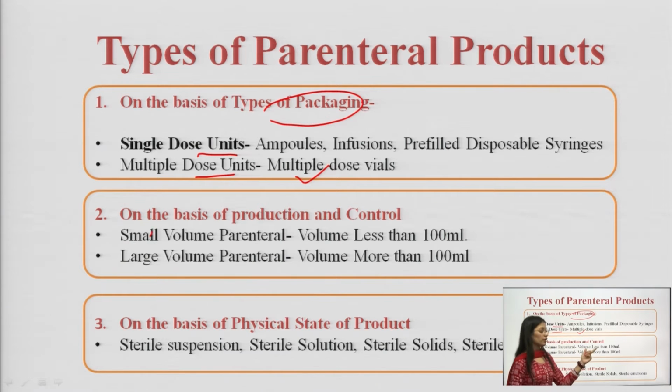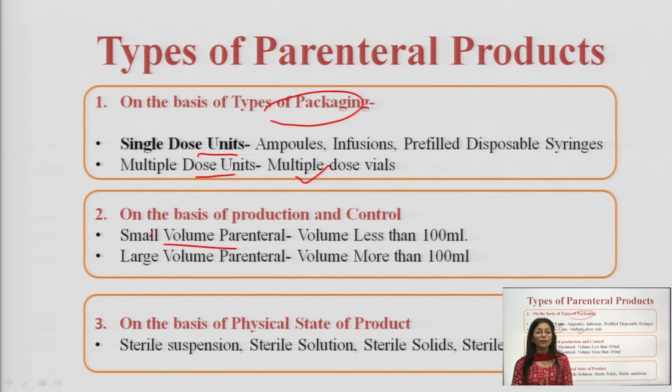On the basis of production and control, how they are getting produced and controlled. Okay. Number one is small volume parenteral, that is volume less than 100 ml. Okay. Large volume parenteral is another classification on the basis of production and control. Now we have volume more than 100 ml. So if you have a parenteral product that has a volume less than 100 ml, it is considered as small volume parenteral.